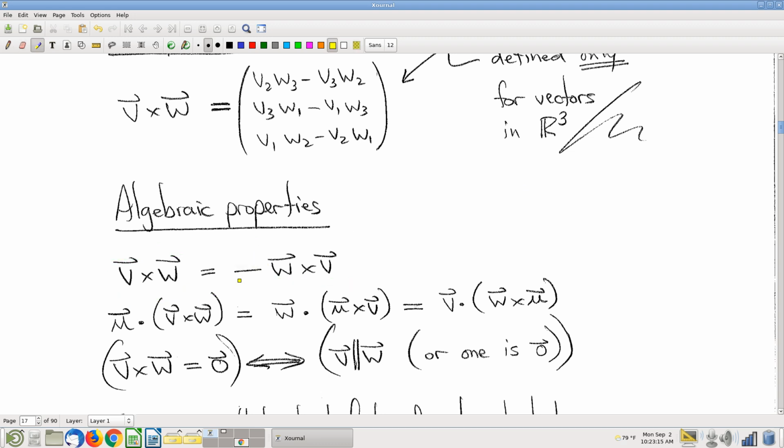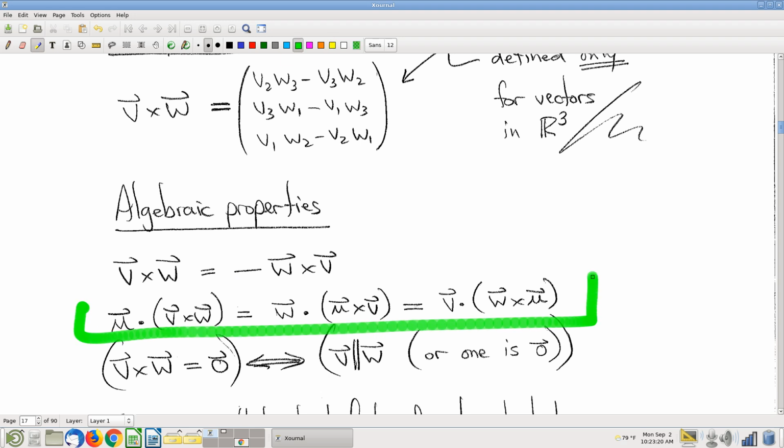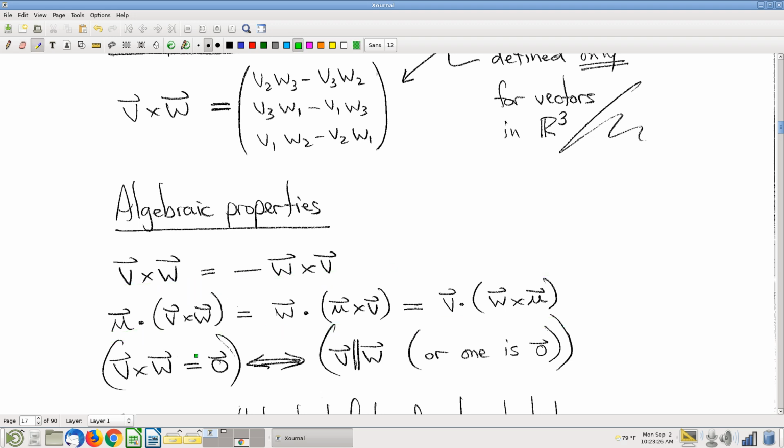Continuing along down the list, this one at a glance looks pretty boring, but then you realize a couple of things. It's not like we're distributing. That's not what's happening here.